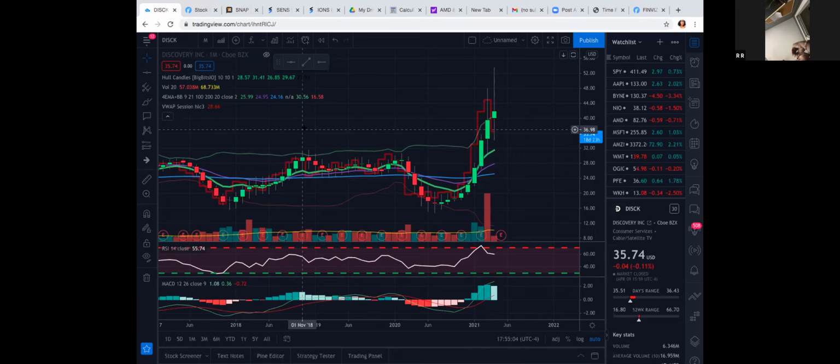Hi, I'm new to this. I really don't know what I'm doing, but my question is, is it better to do options or just buy shares and hold on to it? That depends on your particular lifestyle. And I say that as a single mother, it depends on what type of time and patience you have and your risk tolerance.